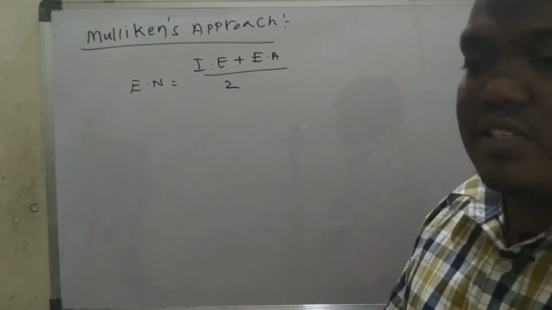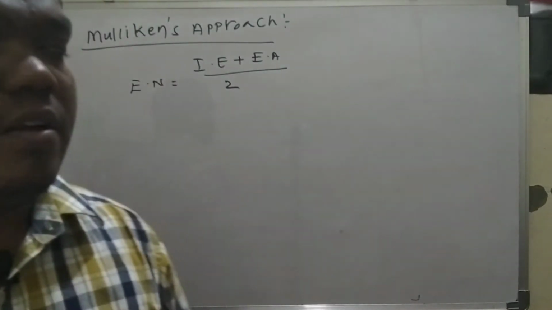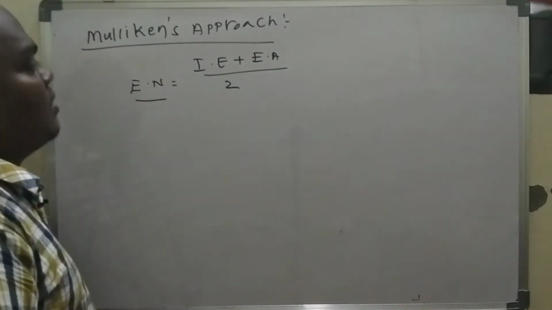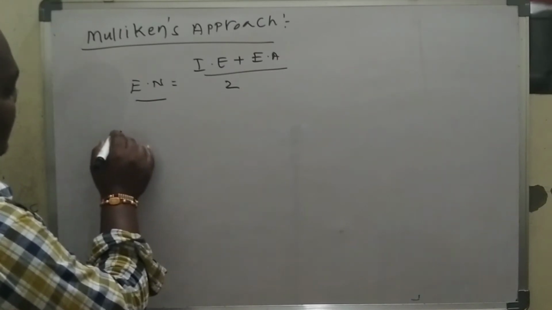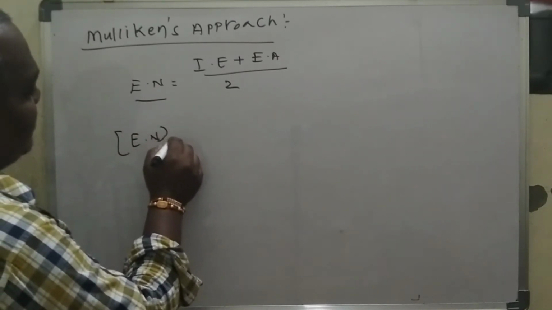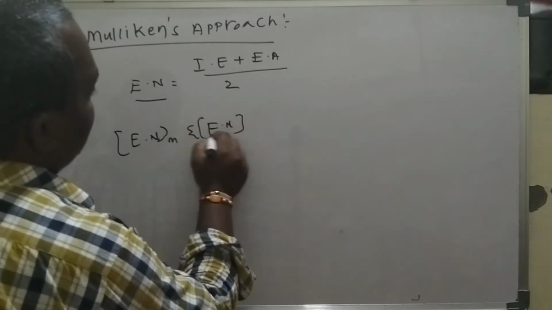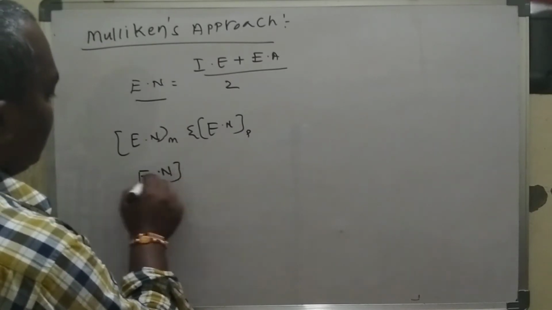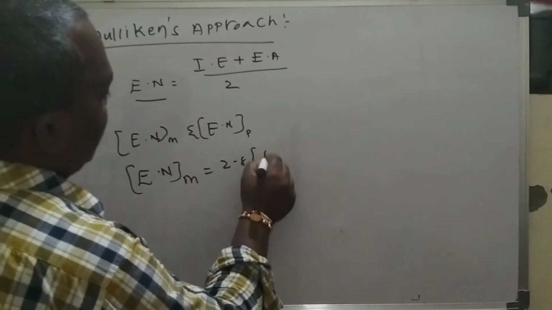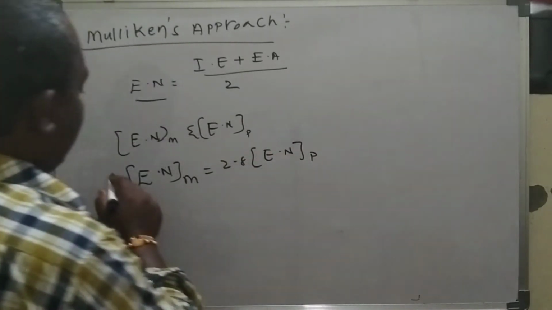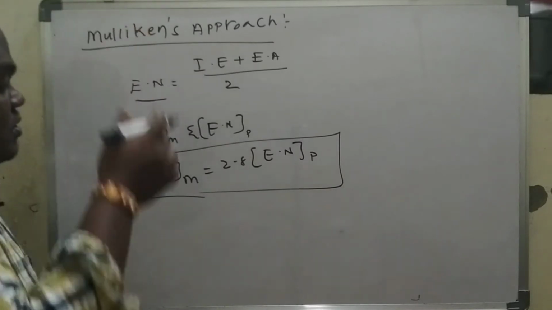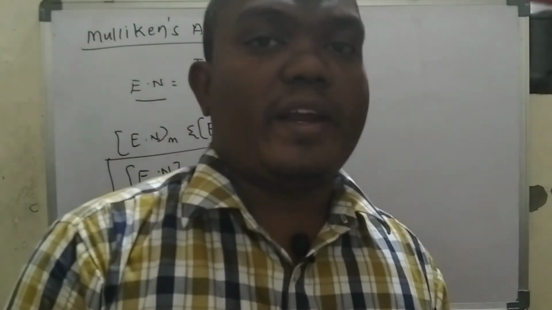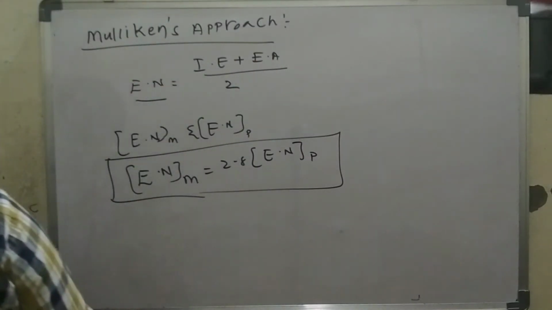There is also a relationship between the Mulliken scale and the Pauling scale: electronegativity on the Mulliken scale is equal to 2.8 times the electronegativity on the Pauling scale.